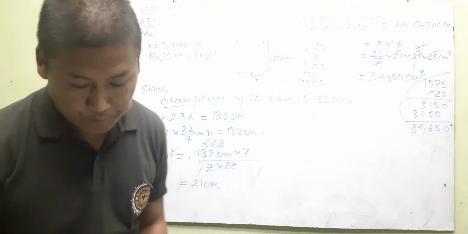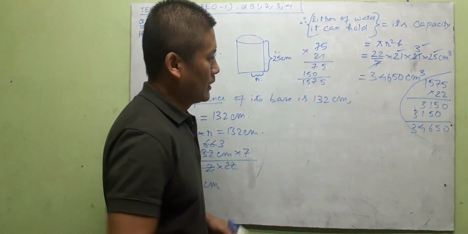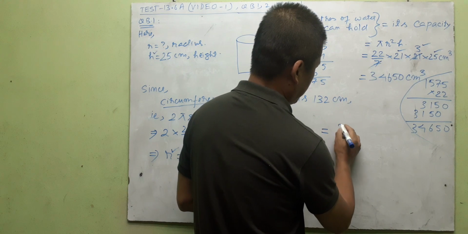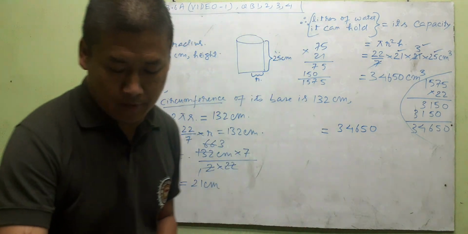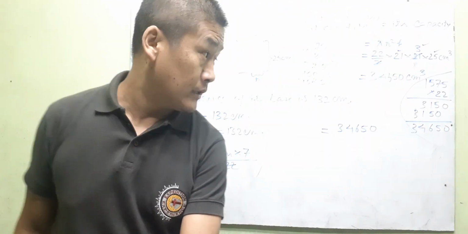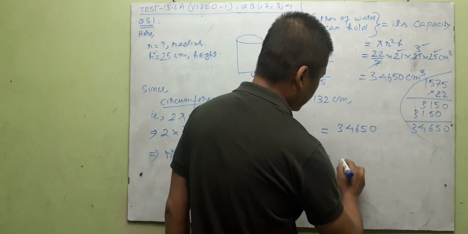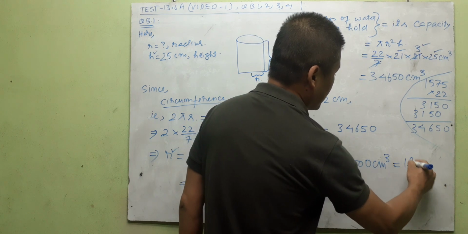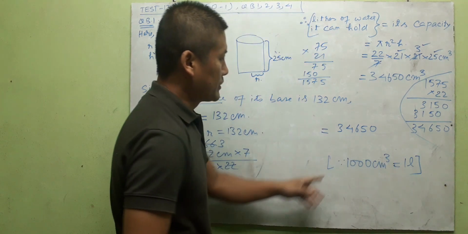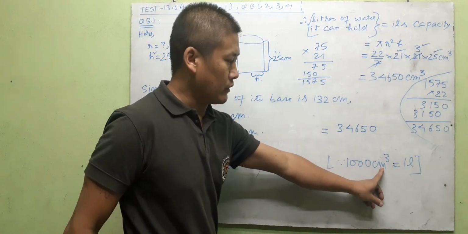But the question is saying liters, so we have to convert the centimeter cube to liter. So we write here 34650, and look at the last part of the question in bracket: 1000 centimeter cube is 1 liter. Since we want to change centimeter cube to liter, centimeter cube is a smaller unit and liter is bigger.